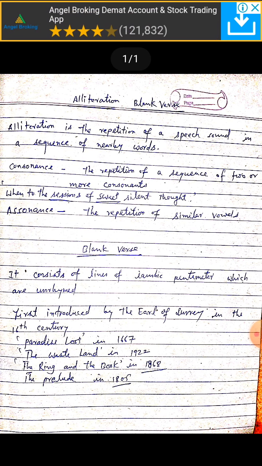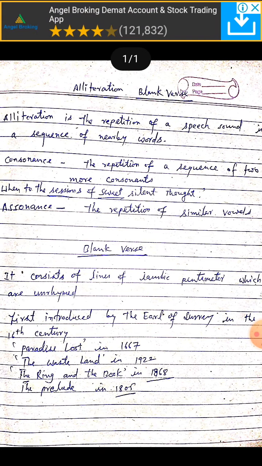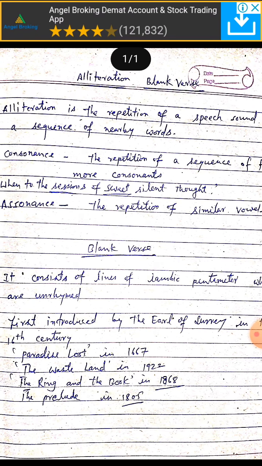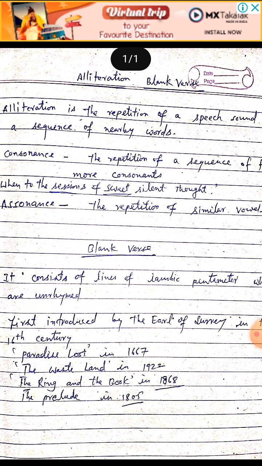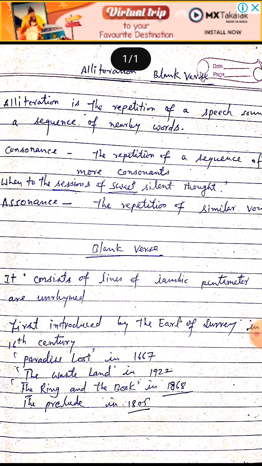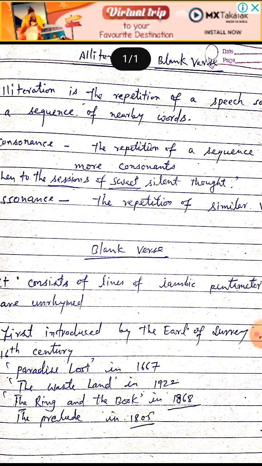It is different from free verse in the sense that free verse is free from meter and rhyme. There is neither rhyme nor meter in free verse, while blank verse is blank in the sense that there is no rhyme, but it contains a meter in it, which is an iambic pentameter.